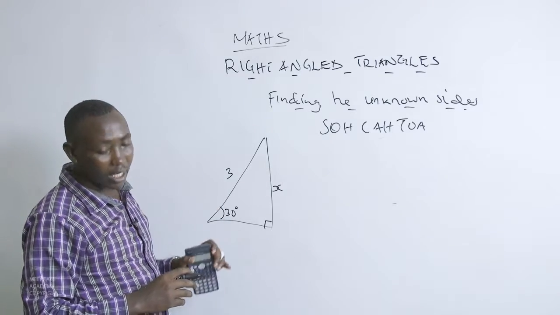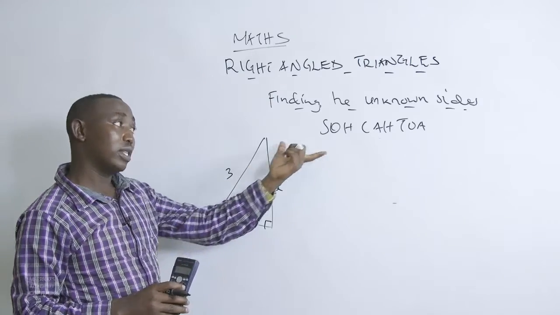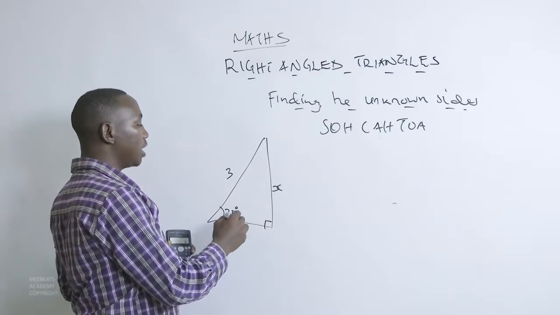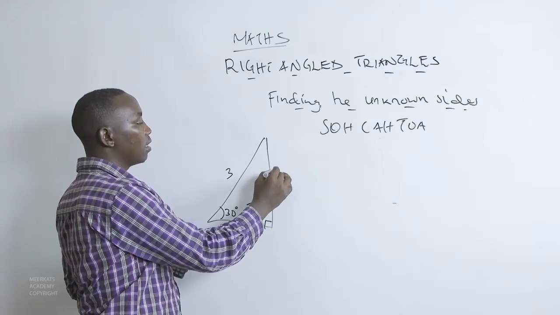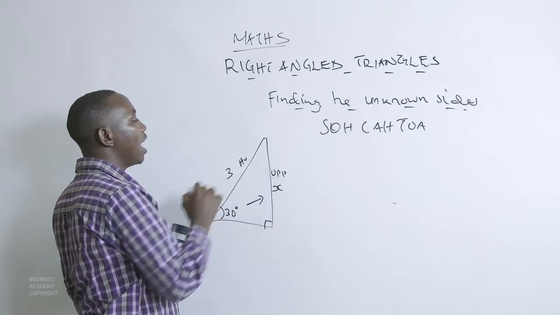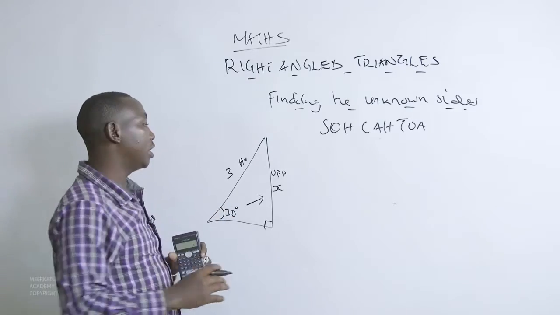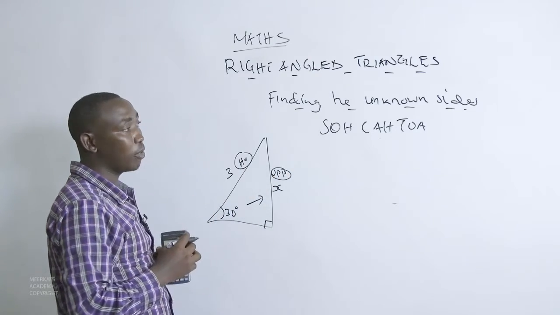At this instance, we can use a calculator and the trigonometric ratios to solve for x. Note that this angle is opposite to this side, and this is the hypotenuse. Therefore, the trigonometric ratio that you're going to use should consist of an opposite and a hypotenuse.